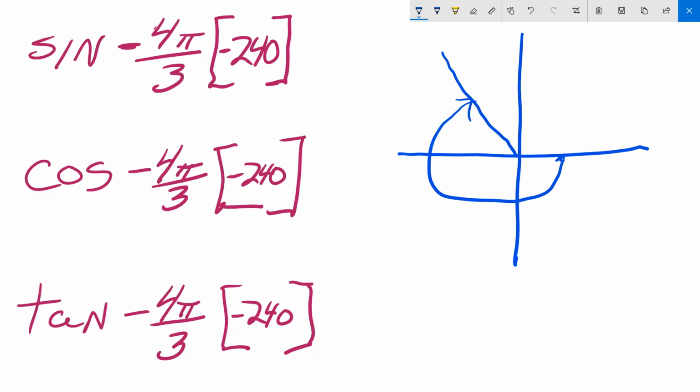Notice that to get from there to there is 180, right? 2 full quadrants is 180. So I got to go 180 and then 60 to get to a minus 240 degree angle. That angle is minus 240 degrees. Which quadrant are we in?